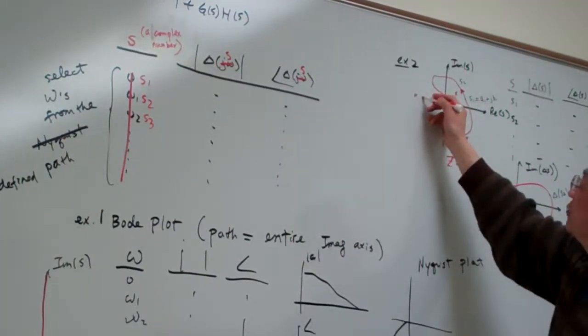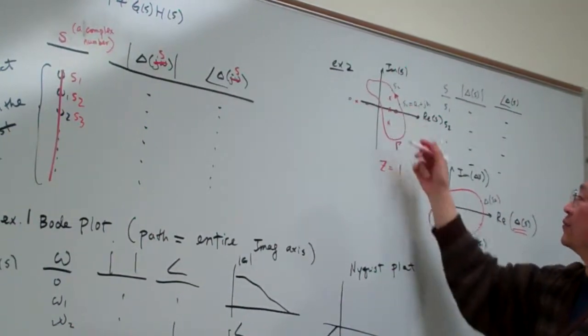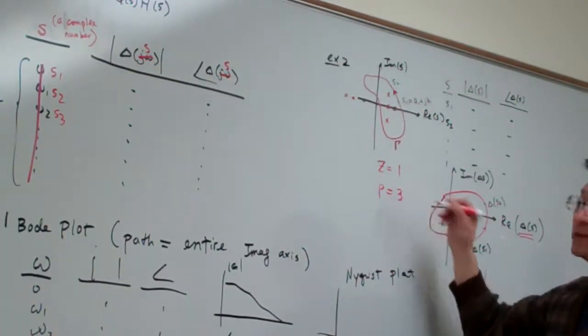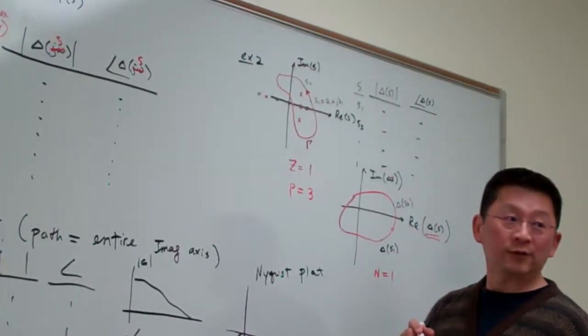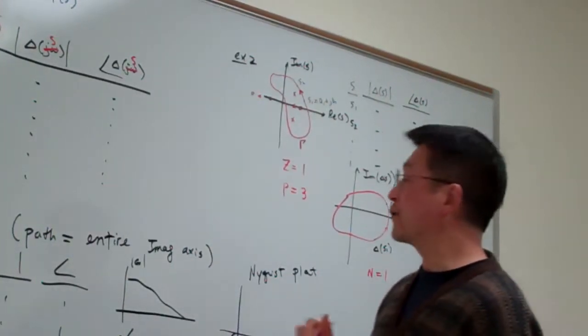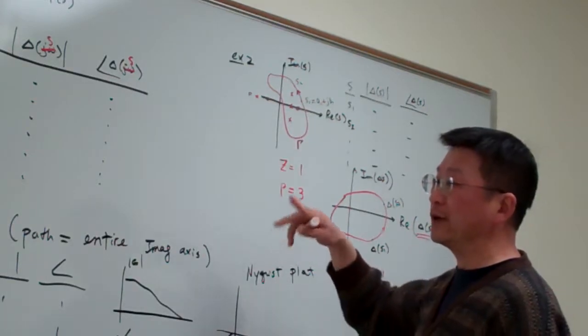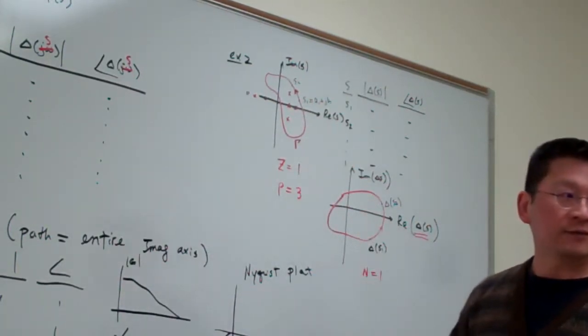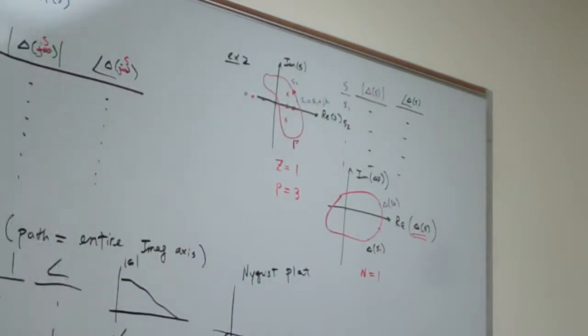And the remaining poles will be outside. So for this example, we have 3 poles being encircled. In this way, P will be equal to 3. Good? Okay. And of course, for this example, that won't map into that one, but never mind, I just make an example here. Okay. So here is the definition for this.